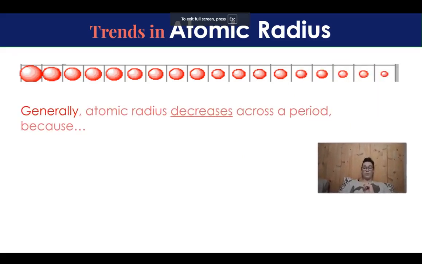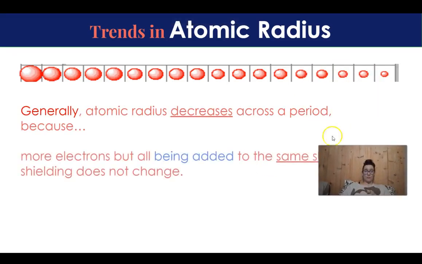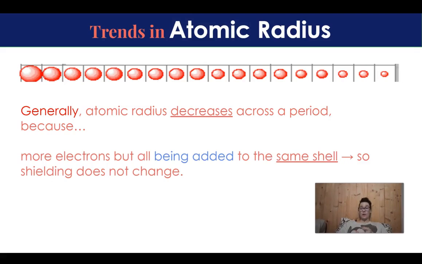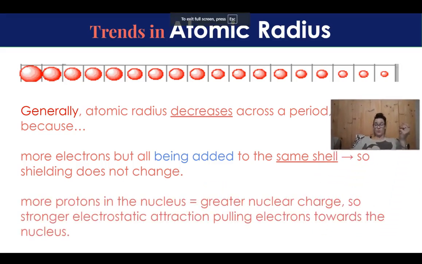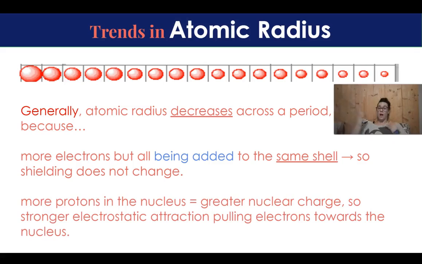So atomic radius is going to decrease across the period because more protons are being added to the same shells. So the shielding doesn't change because we have the electrons being added to the same energy level, but those protons are going to be pulling on those valence electrons more, meaning a greater effective nuclear charge. And so a stronger electrostatic attraction is going to be occurring between the nucleus and the valence electrons.